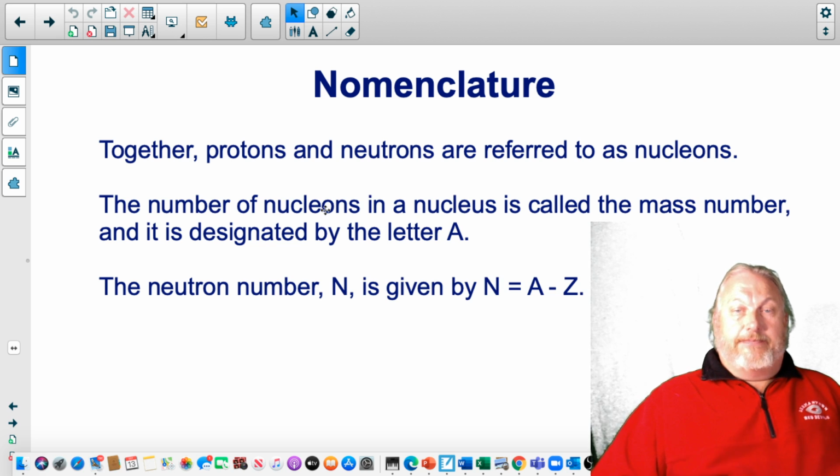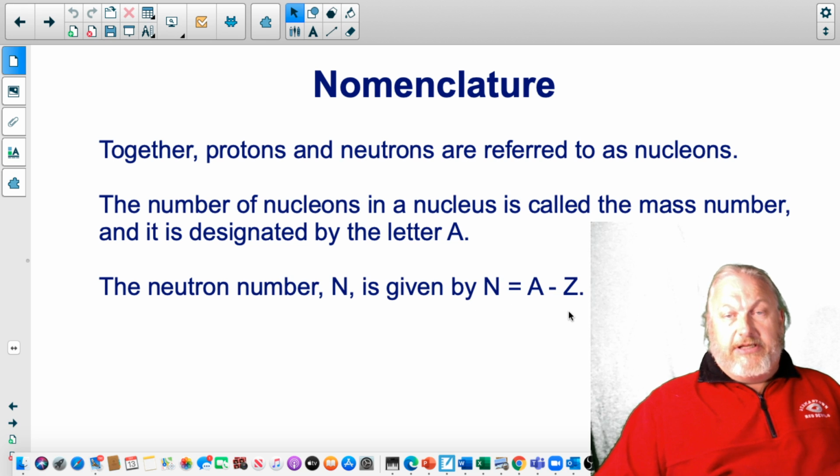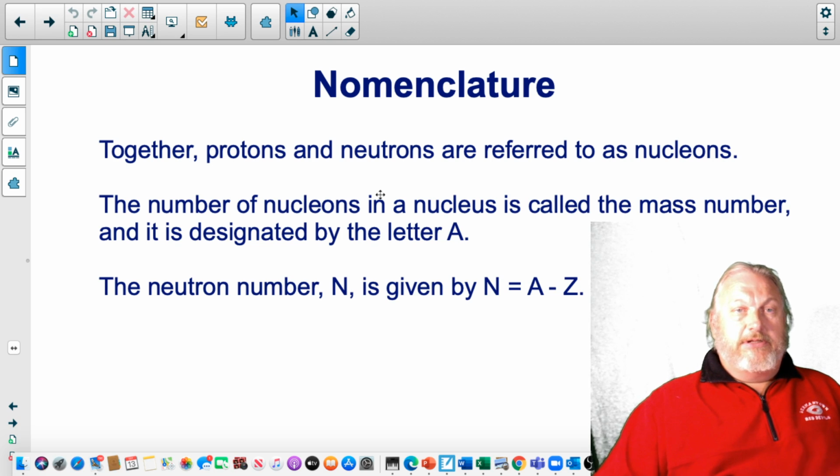It's A. Now to get the number of neutrons, we subtract Z, the atomic number, from the mass number A, because Z, the atomic number, is the number of protons, and A is the number of protons and neutrons.